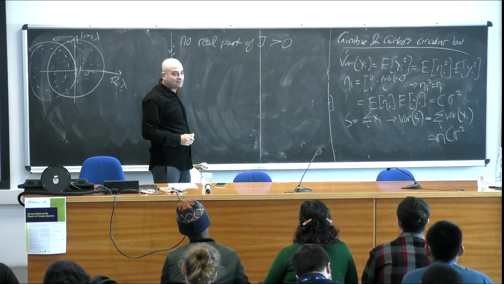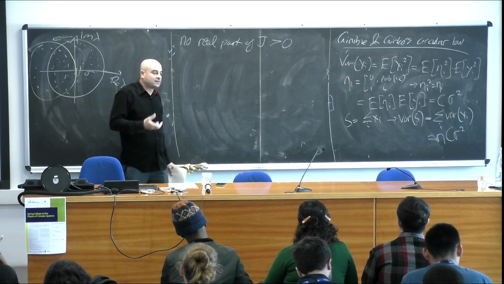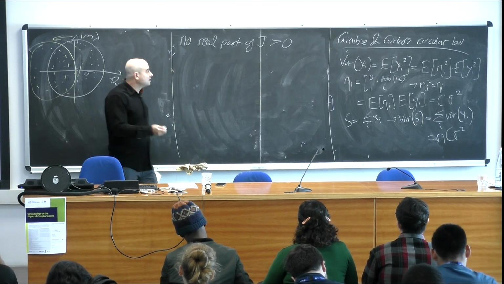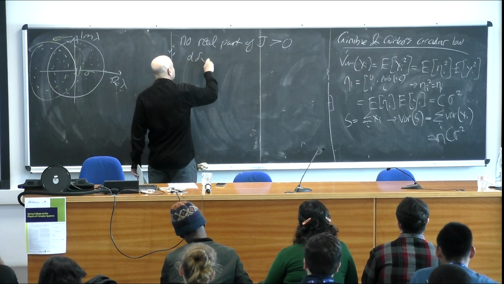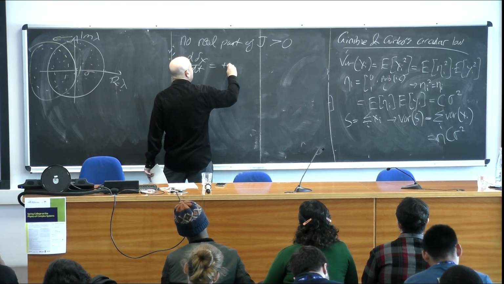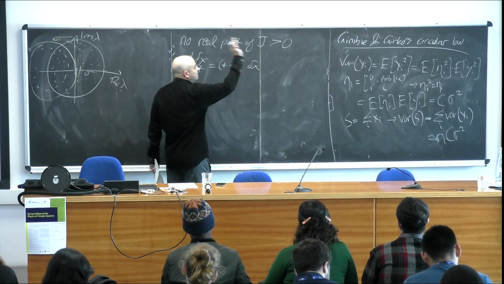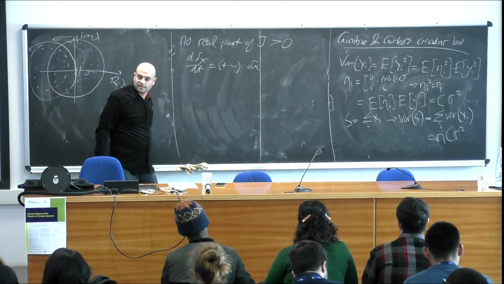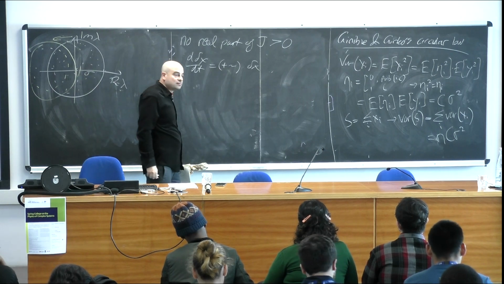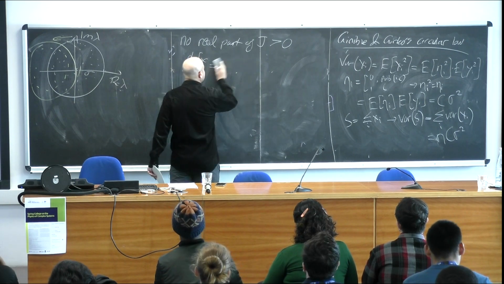Because if I have a single eigenvalue whose real part is greater than 0, it means that d delta x over dt would have a plus something times delta x, and this will explode. So we need all of these eigenvalues to be negative or 0.